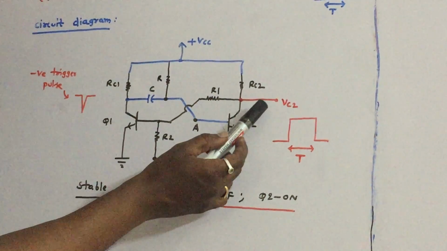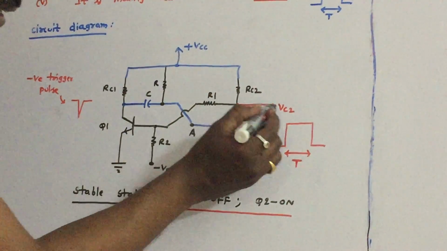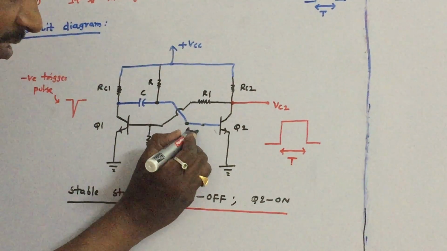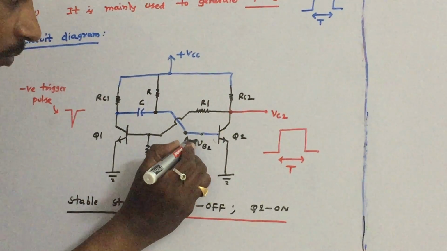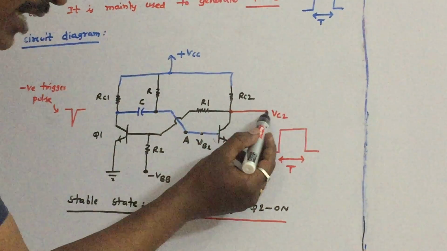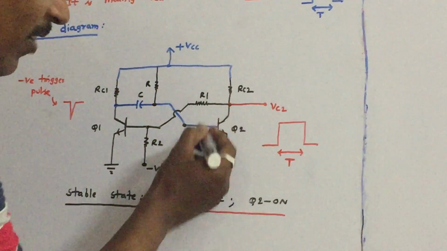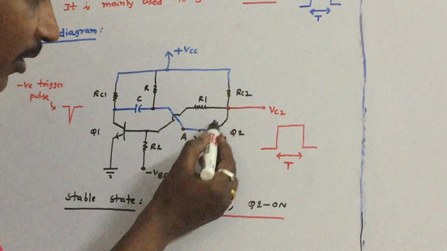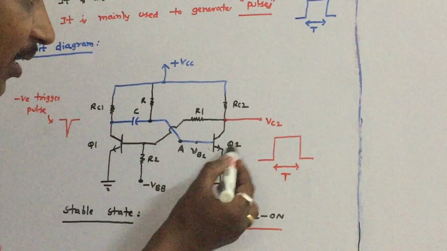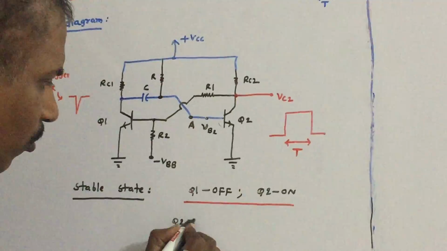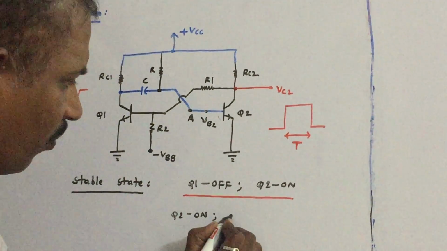In this session we will draw the waveforms at the collector of this transistor Q2 and at the base of this transistor, VB2. So we draw both the waveforms at the collector and base of Q2. As previously discussed, when Q2 is in on condition, what is the output voltage?